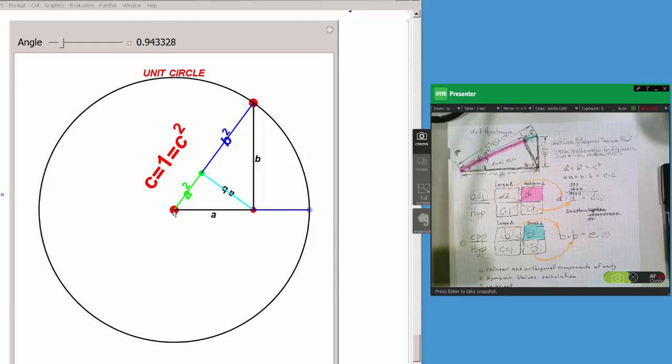If these other people that I'm thinking about had used a unit triangle, or a triangle with a hypotenuse of 1, they would come up with the exact same results that you see in this diagram. In other words, using a hypotenuse of 1 has revealed this geometric relationship between these two components of the hypotenuse.